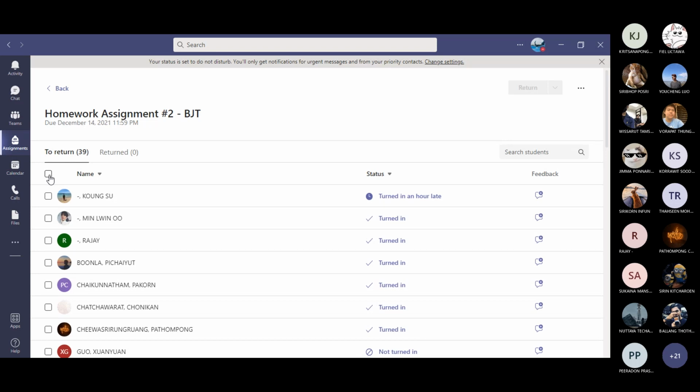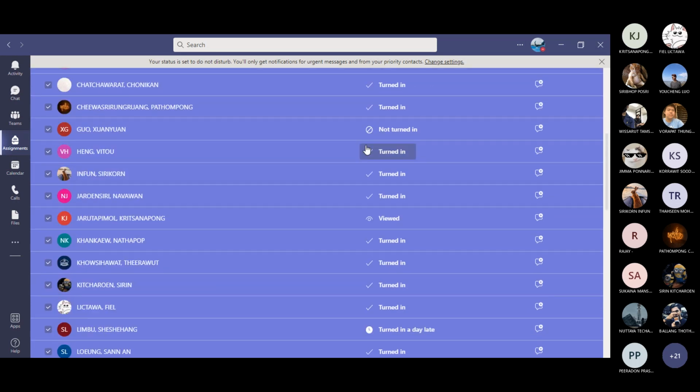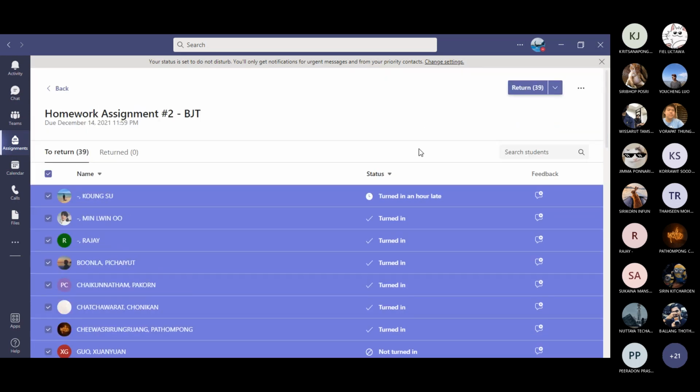Sometimes I put a comment, sometimes I will say, see the solution. So I click here. If I click return, all of you will get back your electronic file and this list will be empty. I still want to look at a few students and see if they are doing the right thing. So by the end of this week, I can return electronically.